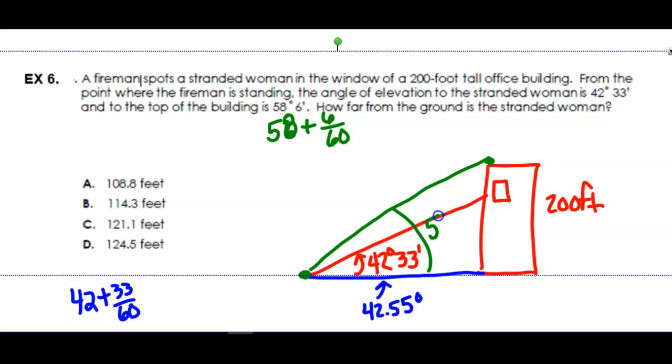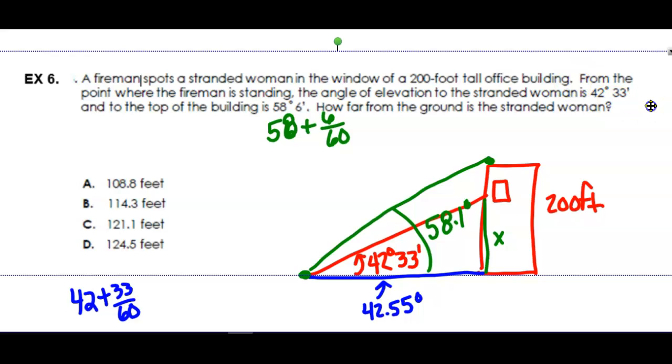So this big green angle here is 58.1 degrees. All right, what we need to do is figure out how far from the ground is the woman. So we need this distance right here, this little X. How far up is she?